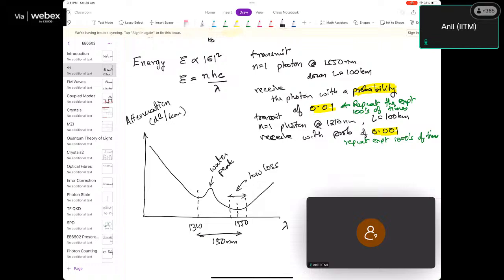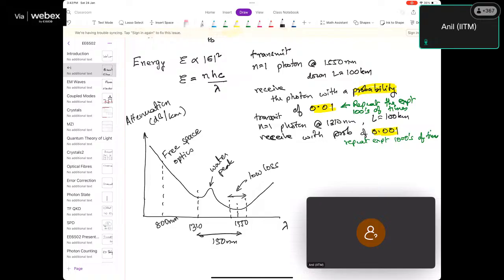So a lot of the free space optics works at 800 nanometers. That is why I was writing that down. This is usually where free space optics works, and you'll hear more about it from Professor Bhaskar.